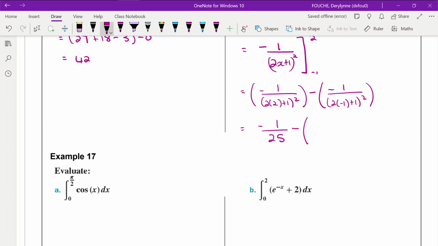Take -1 over (-2 plus 1 is -1) squared is +1, so it's -1. And we then get -1 over 25 plus, I suppose we can rewrite that as 25 over 25, and so we have 24 over 25.